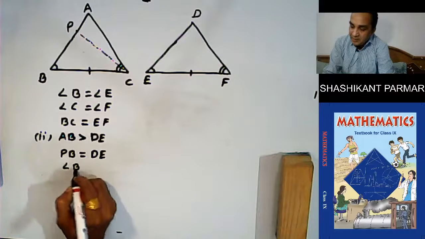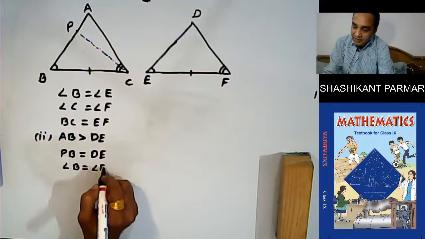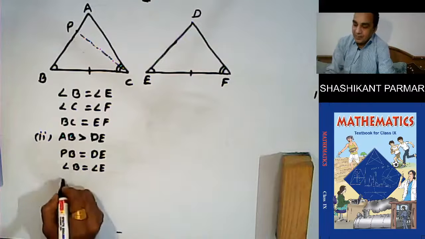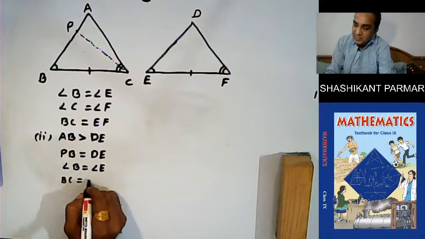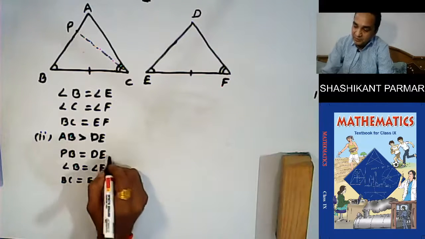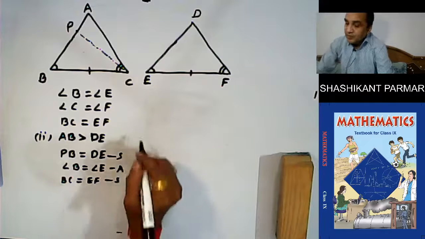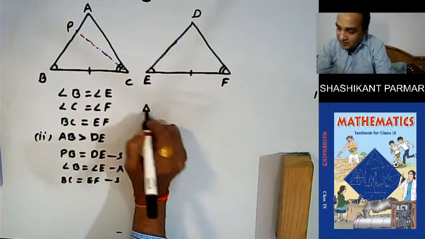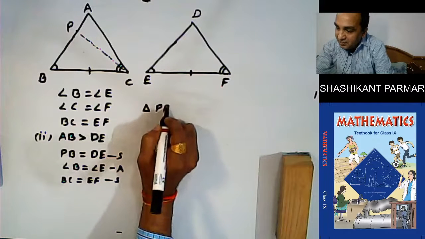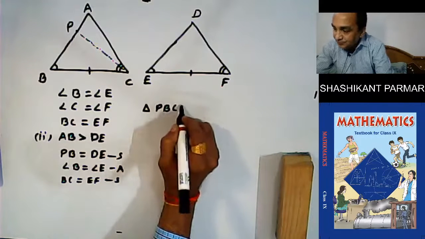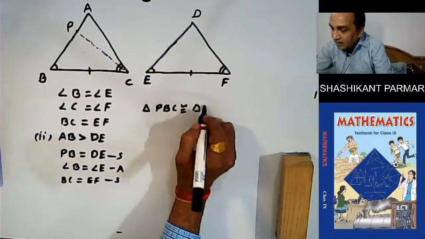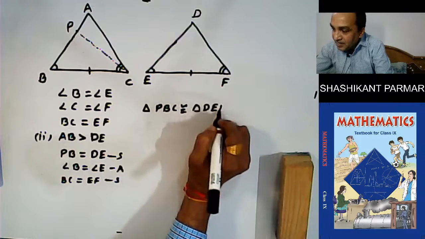Angle B is equal to angle E is given, and BC is equal to EF is given. So by side angle side, we can say that triangle PBC is congruent to triangle DEF.